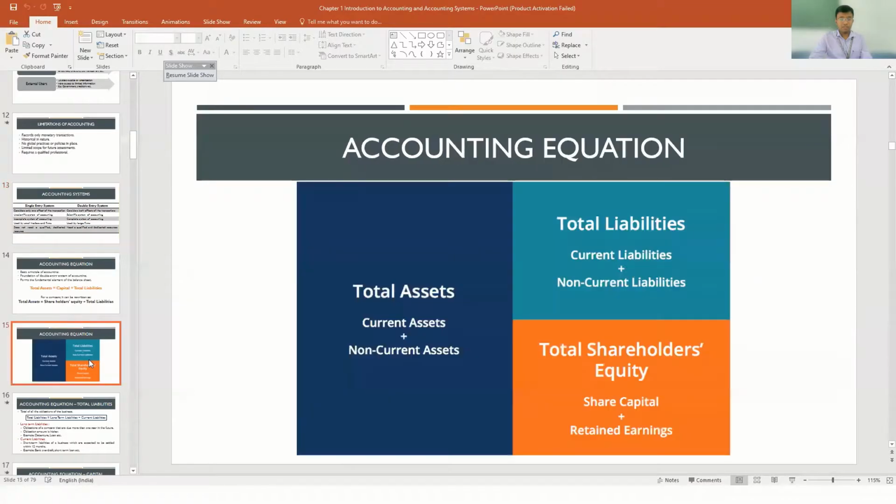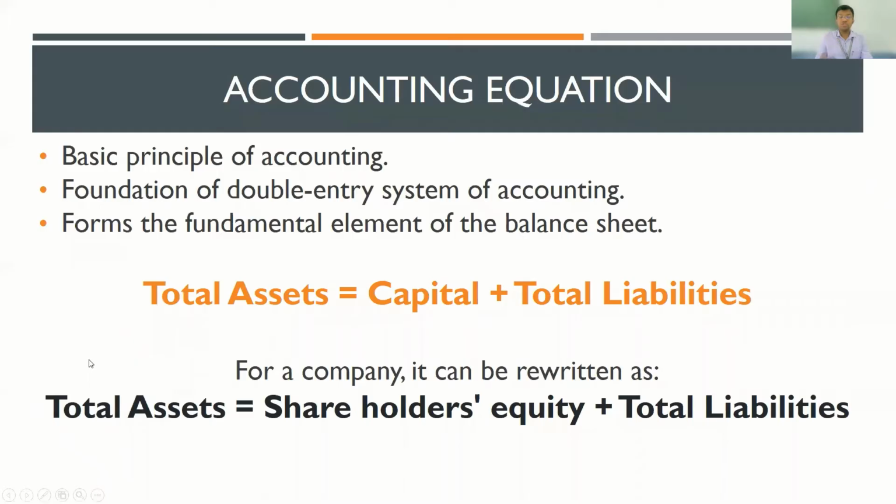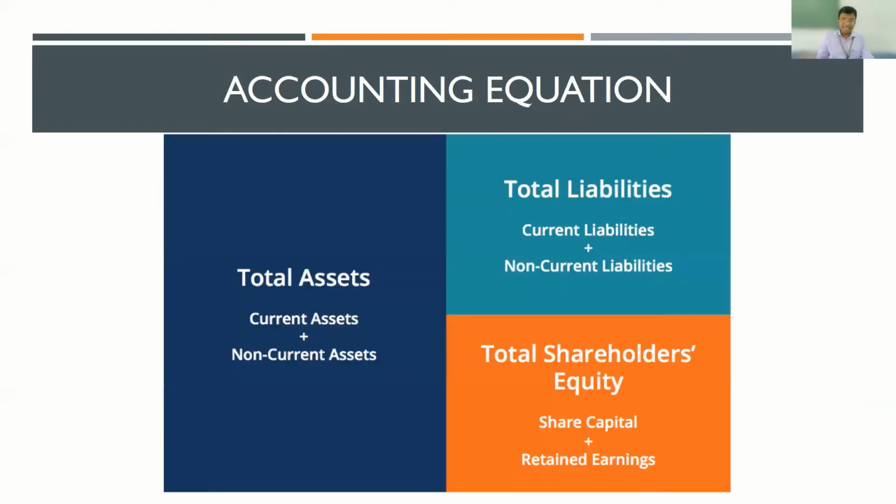Now let's talk about the composition of each of these aspects. What makes up your total assets? What makes up your capital? What makes up your total liabilities? Another way of rewriting the accounting equation is this: total assets is the sum of current assets and non-current assets. Total liabilities is the sum of current liabilities and non-current liabilities. Shareholders' equity is made up of share capital and retained earnings.